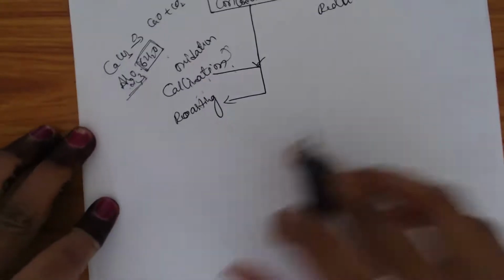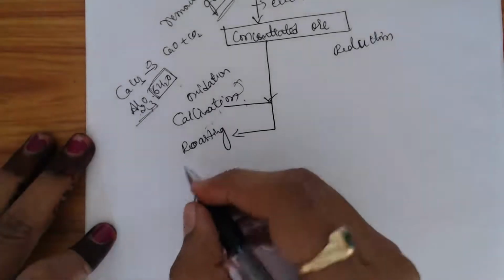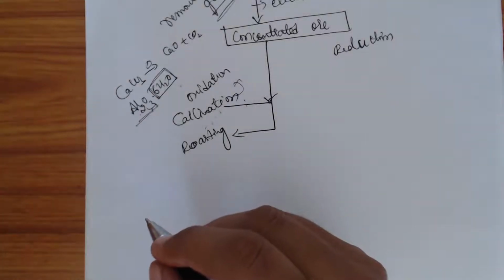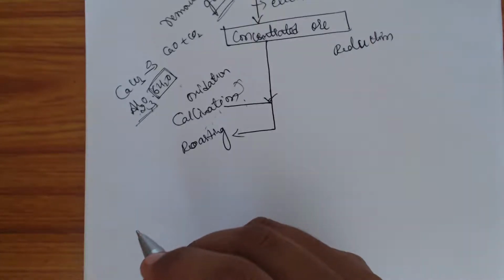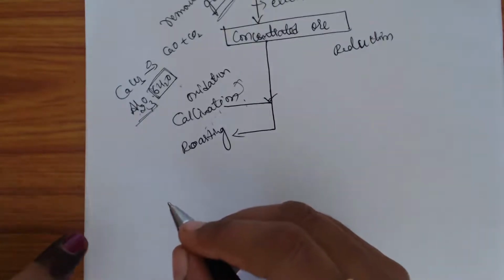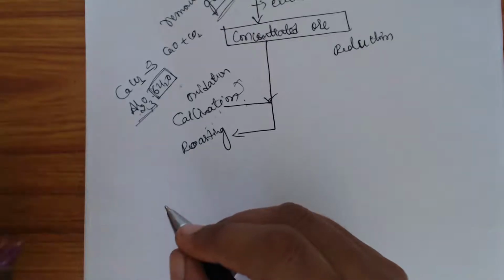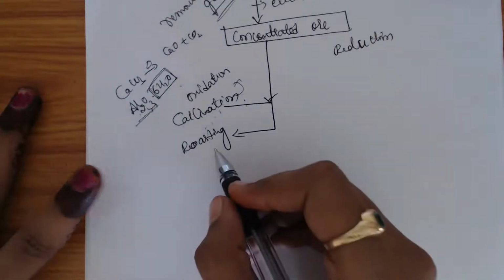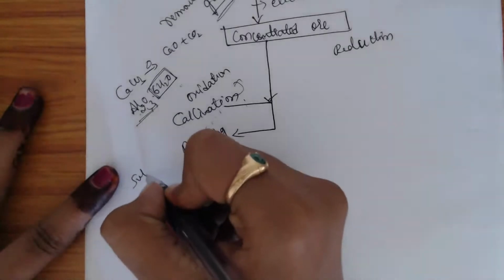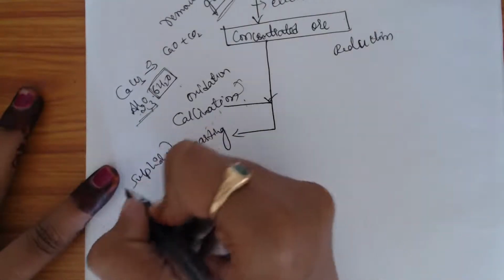And next one is roasting. So roasting means the heating of a powdered or concentrated ore in the presence of air, in the sufficient supply of air. In this, sulfide ores get oxidized.